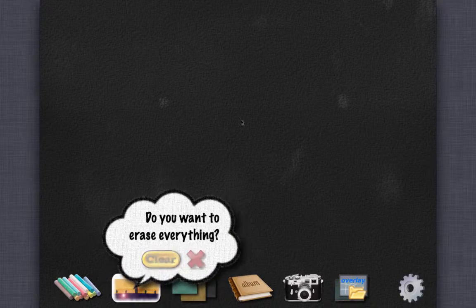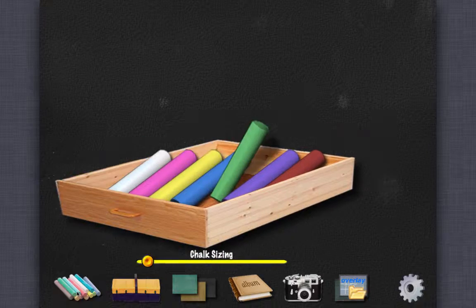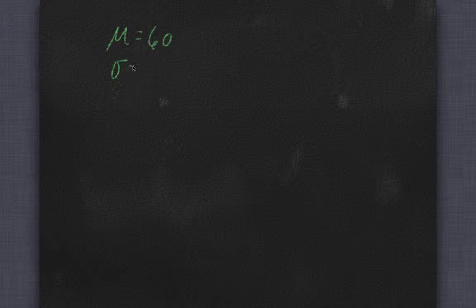So I guess really, since we're in minutes, mu is 60 and sigma is 60 because we want to have all the same scale.